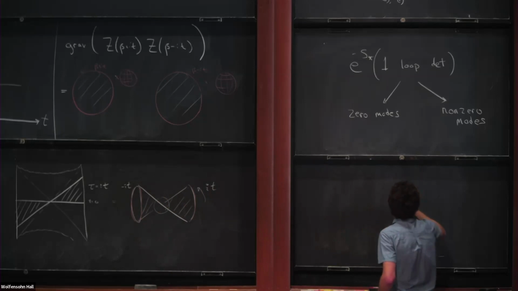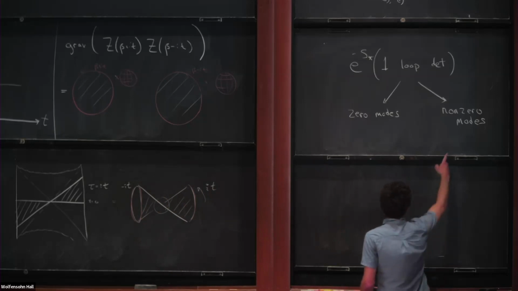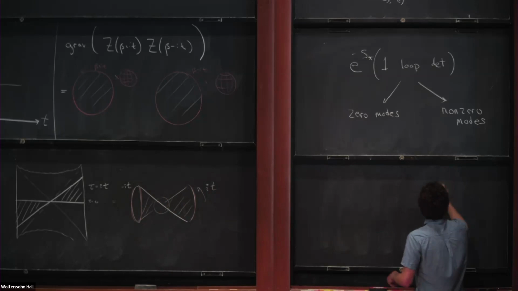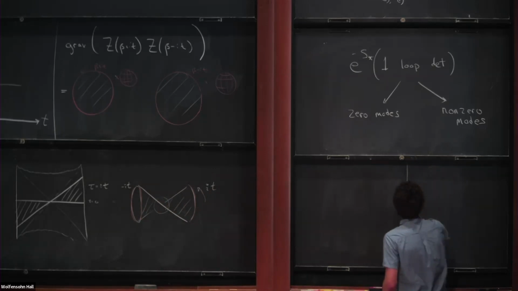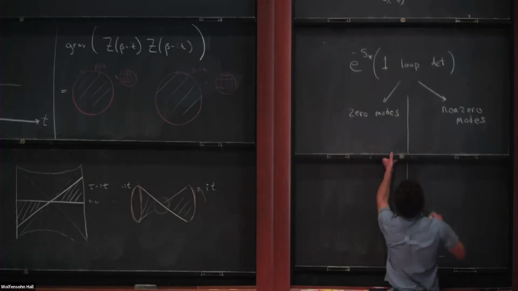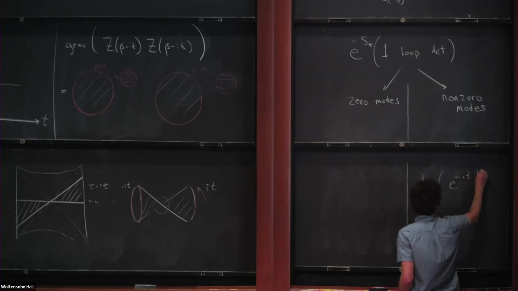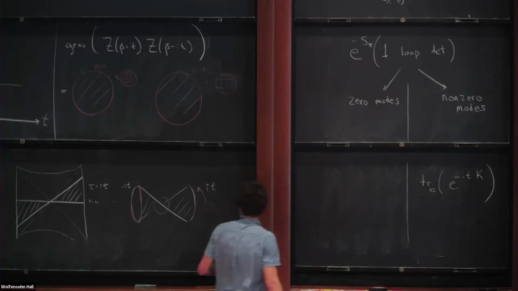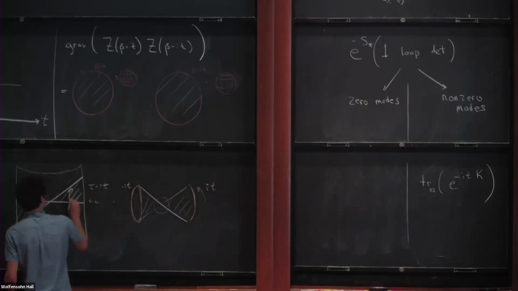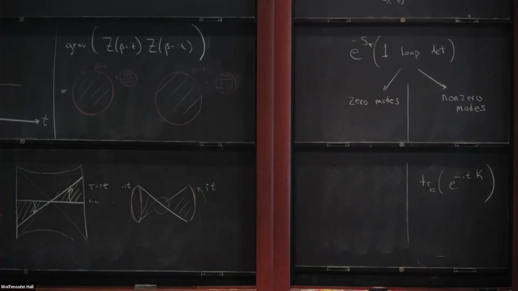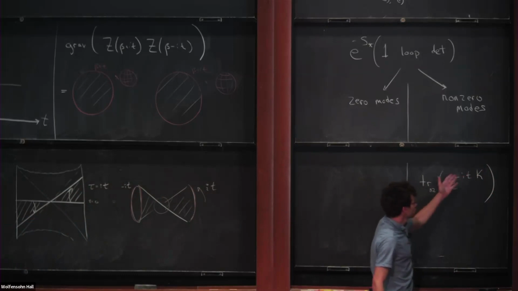The one-loop determinant, the non-zero modes, let me describe these two. The non-zero modes look like a trace over the non-zero mode Hilbert space of e to the minus i times t times K, the operator that generates this transformation.